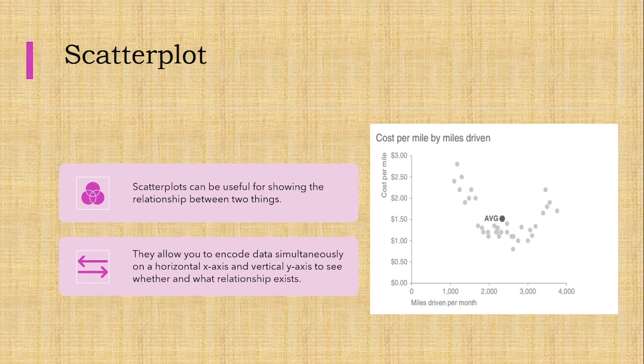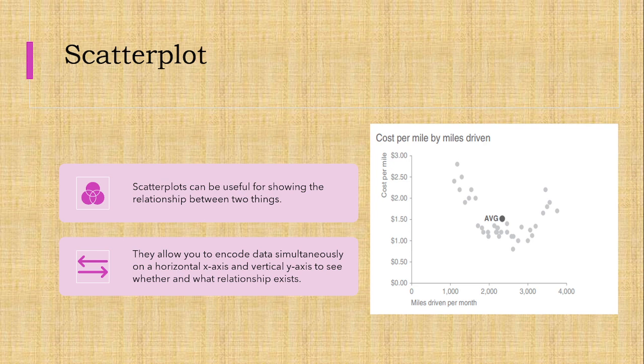So what we can see is that the cost per mile is higher than average, and you can see the average is around $1.5. It's higher when less than about maybe 1800 miles. 1800 miles is where we have the cost per mile being higher.